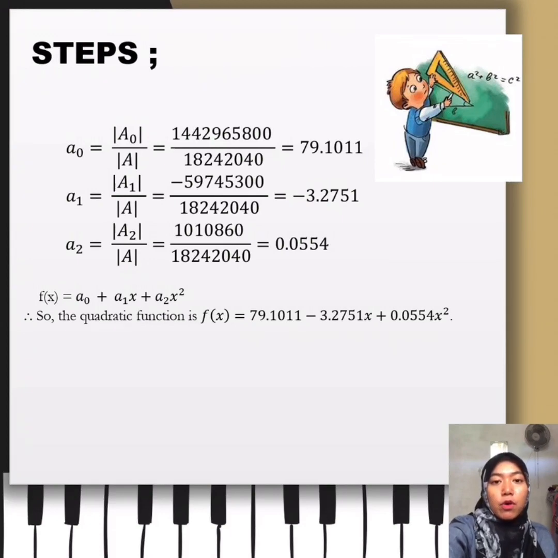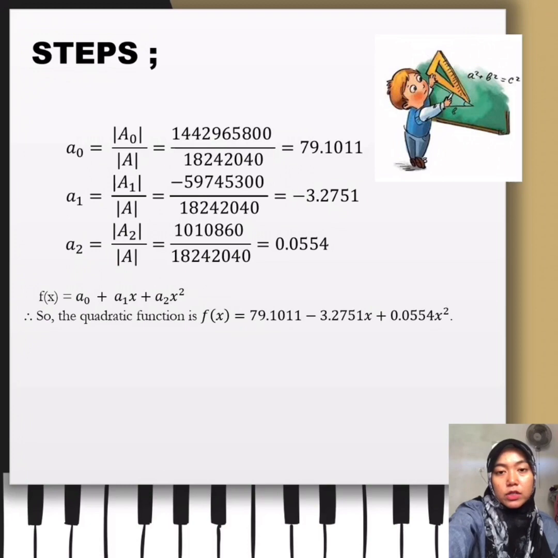Lastly, for a2, we divide determinant A2 by determinant A, and we get 0.0554. So the quadratic function is f(x) equals 79.1011 minus 3.2751x plus 0.0554x to the power of 2.